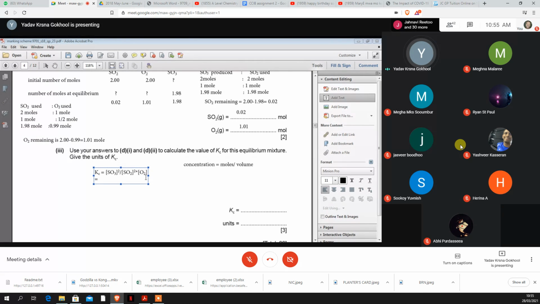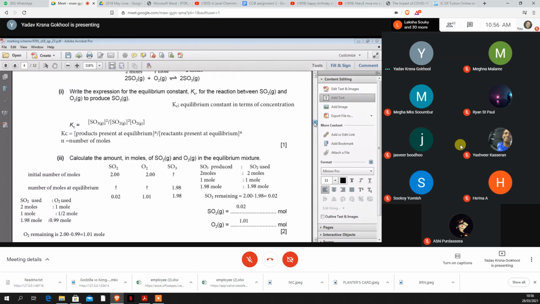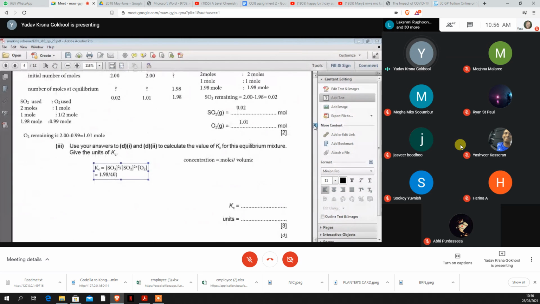So SO3 is 1.98 divided by 40, this 40 being 40 dm cube, to the square. Let's not forget the square.